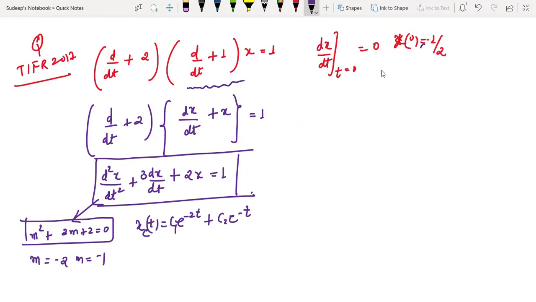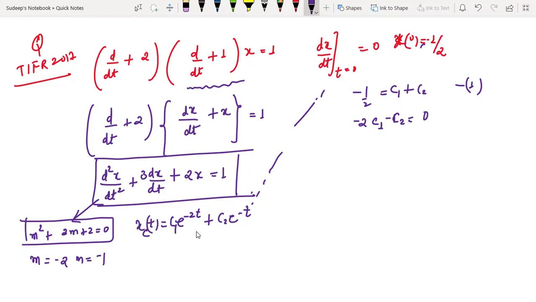Just solve this. Just try to use these two boundary conditions. So you'll get at t equal to 0, x is equal to minus of half. This is your c1 plus c2, and the derivative will be minus 2c1 minus c2, and it is equal to 0.